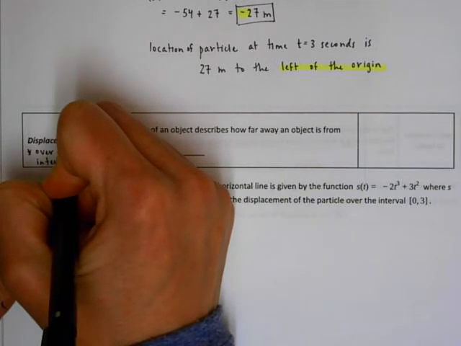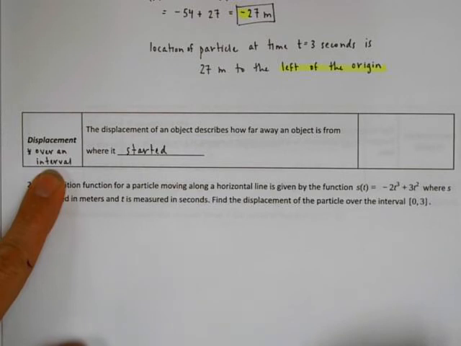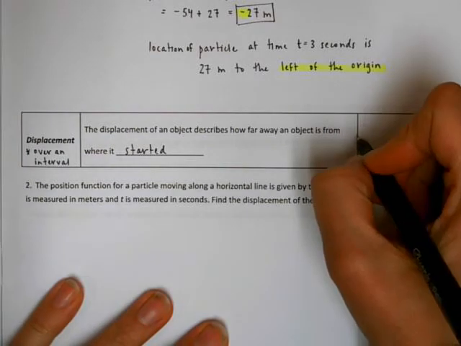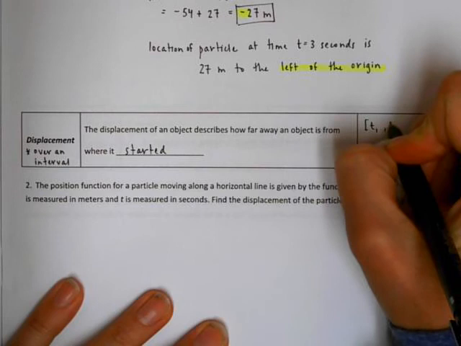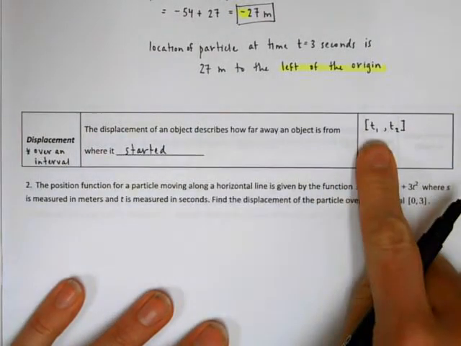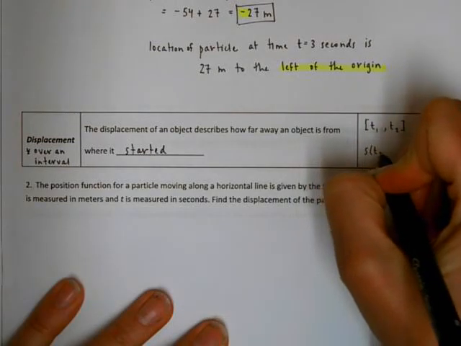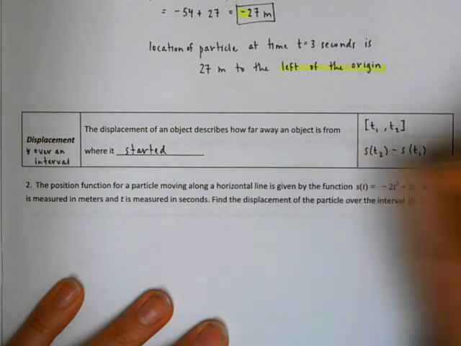If I want to compare where it is compared to where it started, we'll have to look at an interval of time. Let's say my interval is from t1 to t2, and I want to know the displacement of the object over that interval. All we're going to do is take the position at time 2 and subtract the position at time 1.